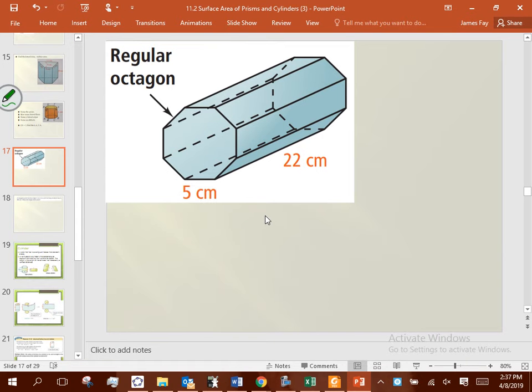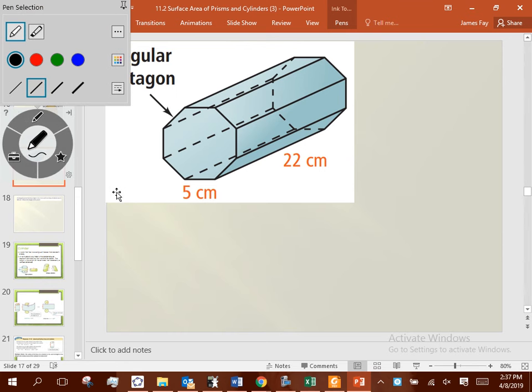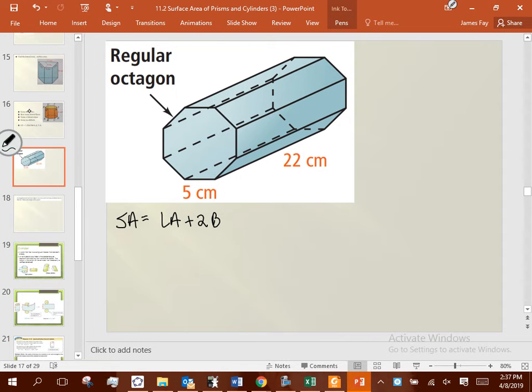All right, getting into this example, we're going to find surface area. Surface area for any prism is found by taking this formula and finding those key components for that particular prism. This formula adjusts based on what your bases are.